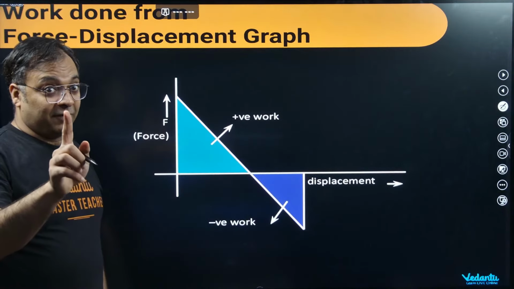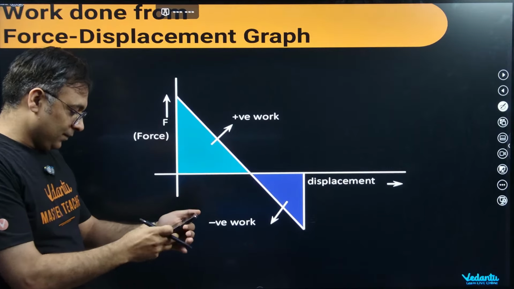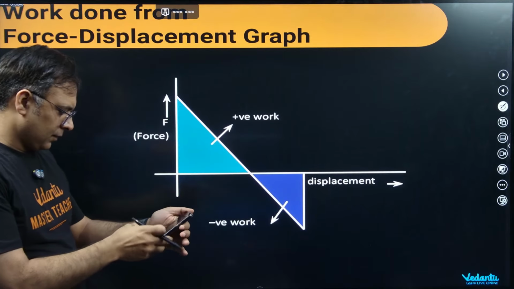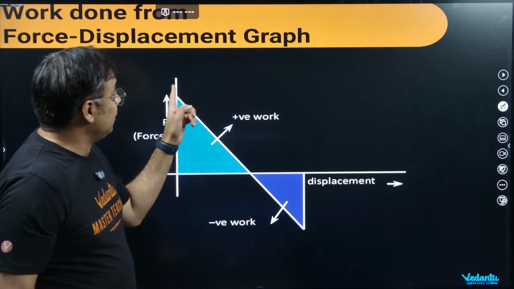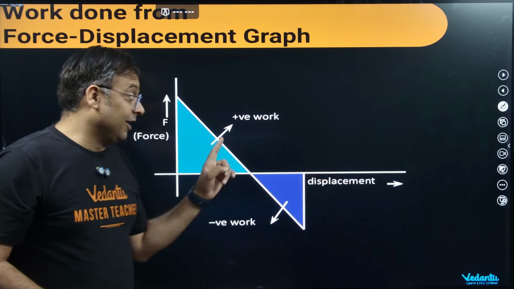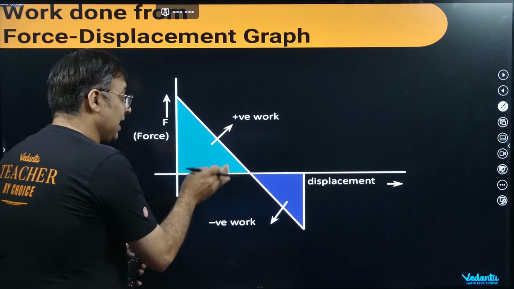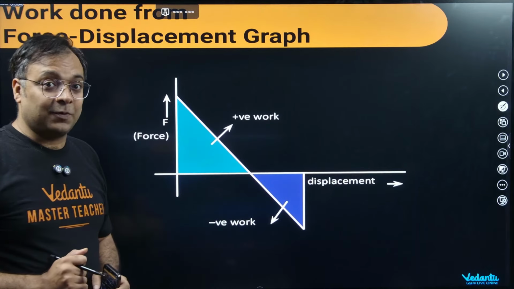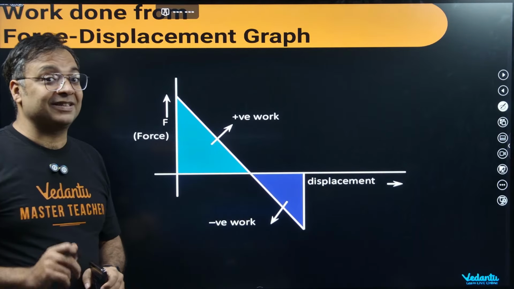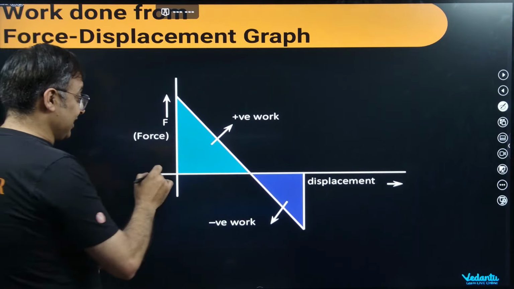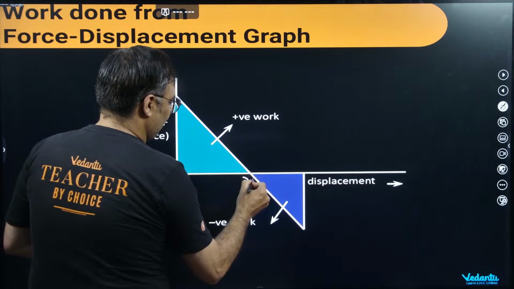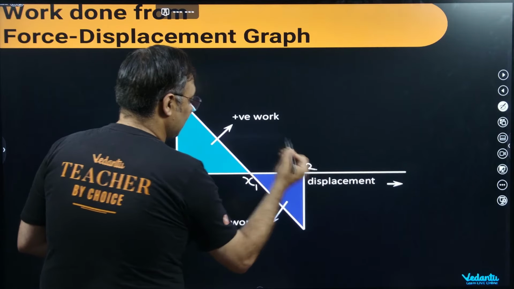But before that, this is the concept of this F versus x, the area concept. The area above the x-axis is positive and the area below the x-axis is negative. Now there is a catch here, I'll tell you. Let's say 0, x1, x2.